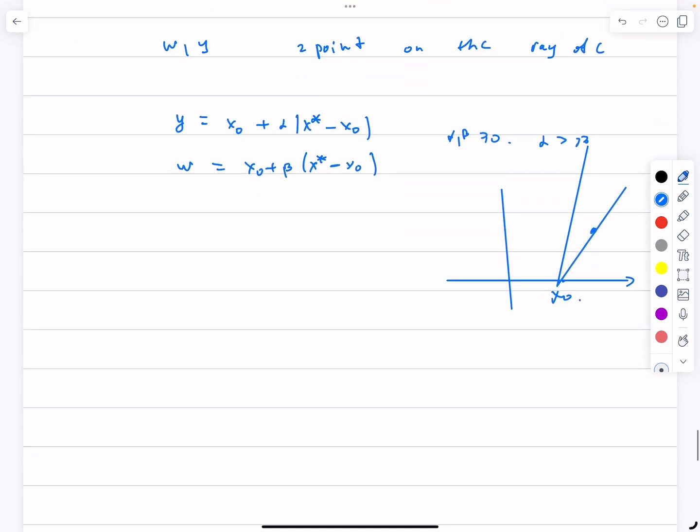Now we are proving that the Lipschitz constant is the same.